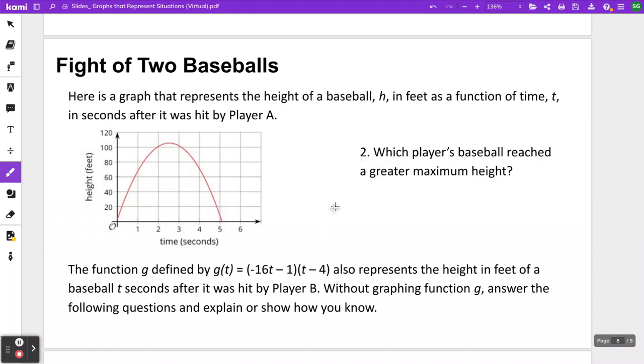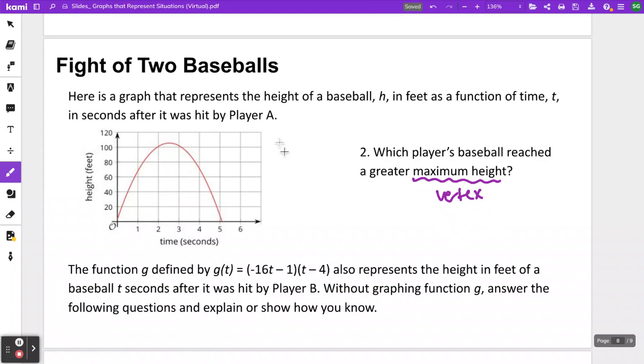For number 2, just like with number 1, the key here is identifying what feature we are looking at. If I'm asking you about the greater maximum height, which part of your quadratic function is going to tell you that? If we're talking about the maximum height, that means we are using the vertex.